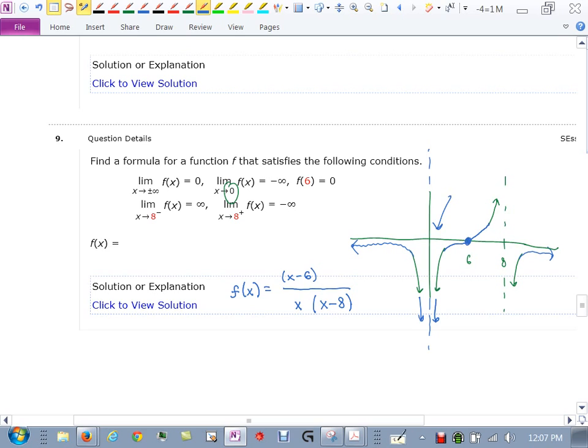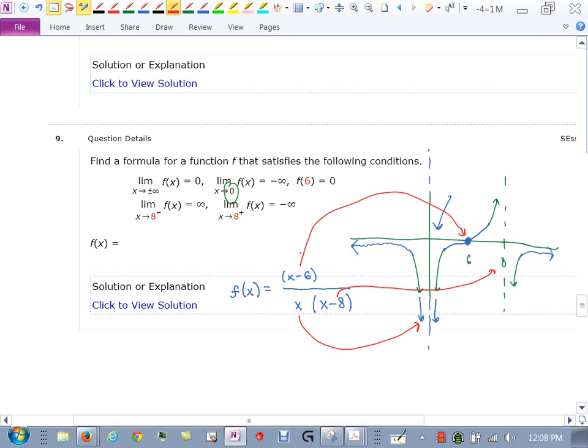Okay, let's just verify again what this is doing. This gives me this, this gives me this, and this gives me that asymptote. Now I need to make sure that I get my horizontal that goes to 0.